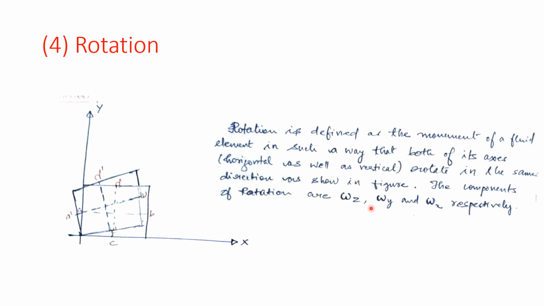The components we have already described as capital WZ, WY and WX. WZ represents the rotation in the X and Y axes, WY represents the rotational component in the X and Z axes, and WX would be the rotation of the fluid velocity in the Y and Z direction.